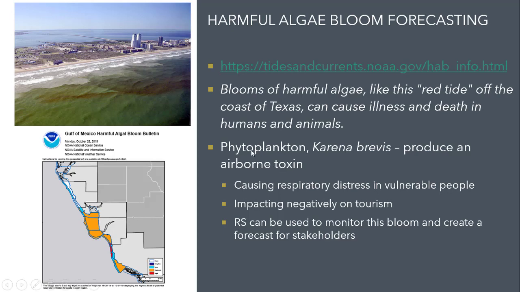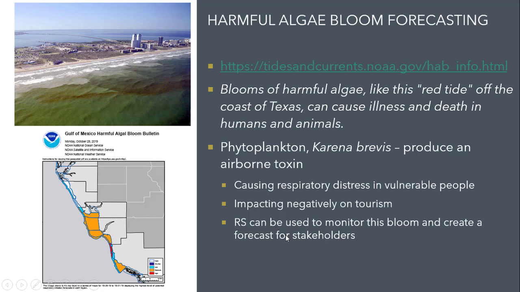So some of this, especially for the red tide, this one shown here, is the species Karenia brevis. It also produces an airborne toxin. So it's not only present in the water, the toxin it produces can also go airborne, causing respiratory distress in vulnerable people, and it surely has a negative impact, because I don't think anybody would want to swim in this water with this kind of red coloration showing up.